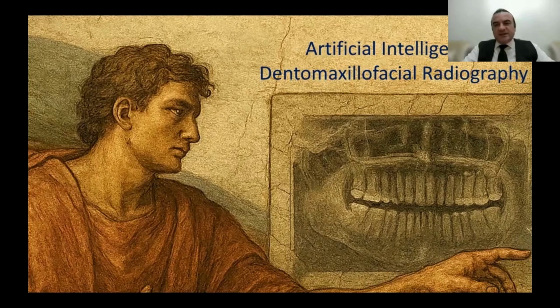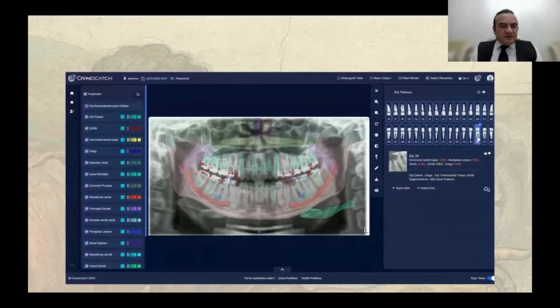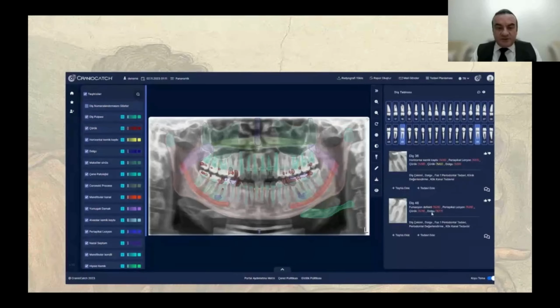So now, how we are using artificial intelligence in 2D dentomaxillofacial radiology. We have been doing these types of studies in Cranial Catch for more than 7-8 years. We started with tooth numbering first, because as a dentist, when a new patient arrives, the first thing you do is check what teeth are there and what is not there.